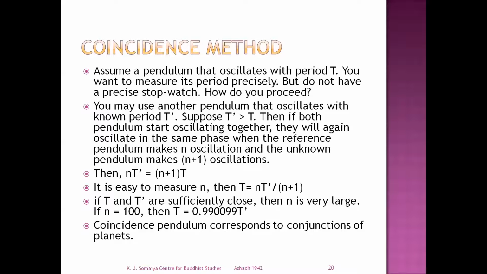Though we say that the ancient astronomers had knowledge about 8 significant digits, 9 significant digits, you need not have atomic clocks for that, with so much of precision when people have measured the period. What you need is long duration precision measurements and simultaneously the coincidence method.